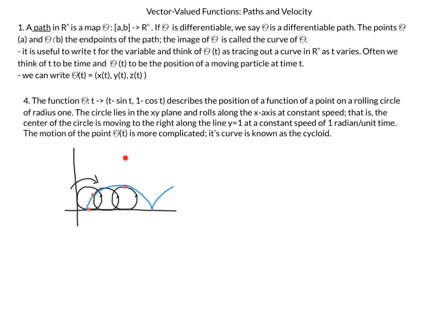This last example I'm not really going to try to draw out for you as we go, but here's the drawing. It's the function sigma of t is (t minus sine of t, 1 minus cosine of t), and it describes the position of a point on a rolling circle. So this is my circle, and it's rolling.